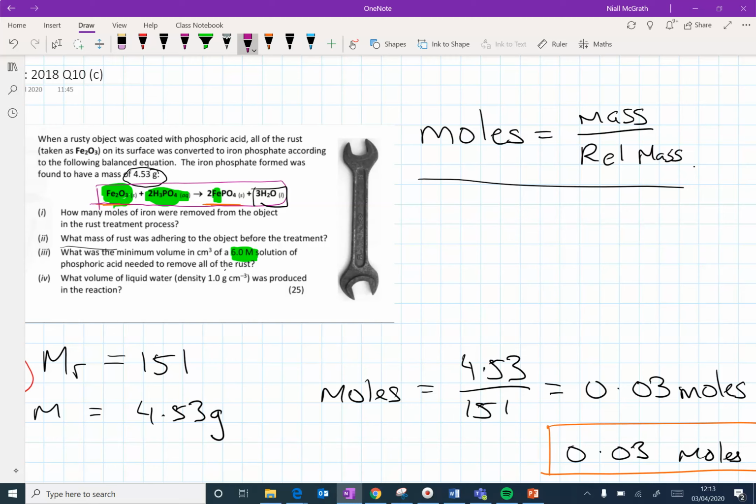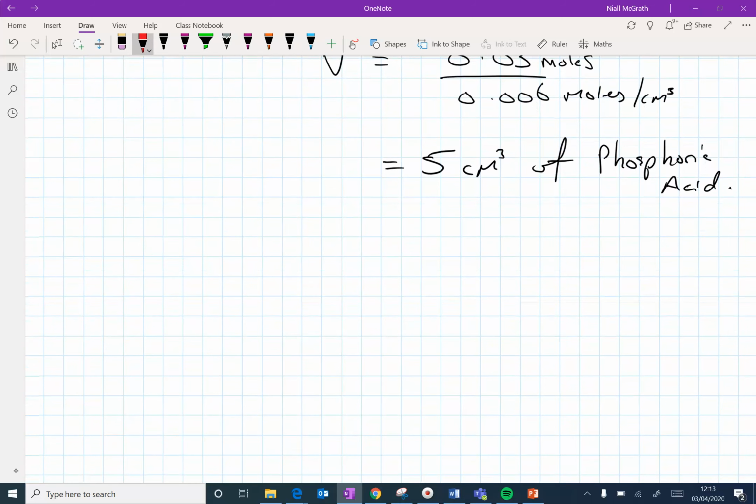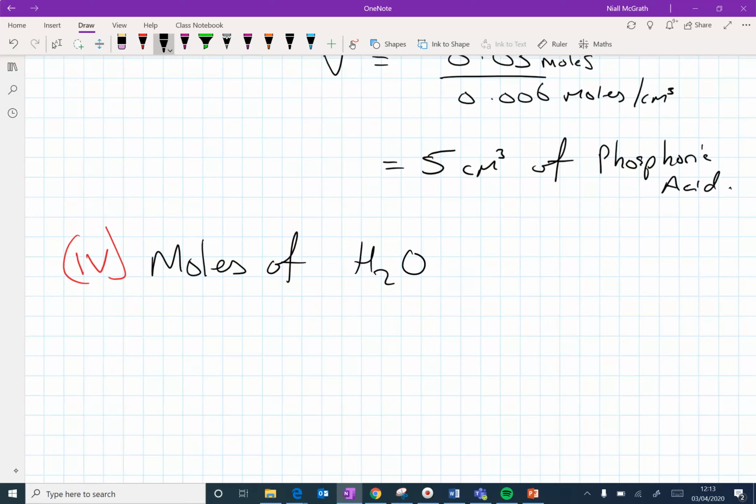So if we have 0.015 moles of your iron oxide, we're going to have 0.045 moles of water. Our relative mass of water is 18.